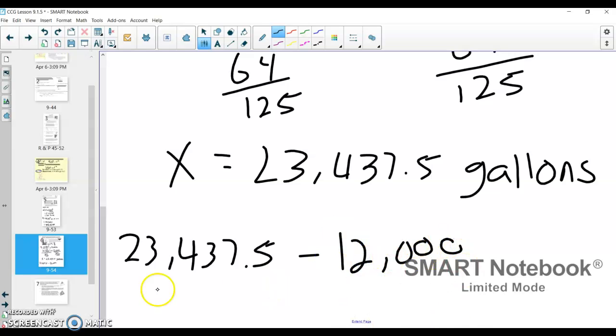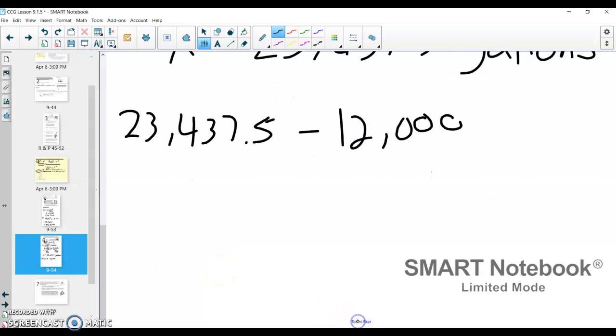I'm doing this subtraction because I want to see how much more oil these new ones can hold. When I do this on my calculator, I get that these new oil tanks can hold 11,437.5 more gallons than the old tanks.